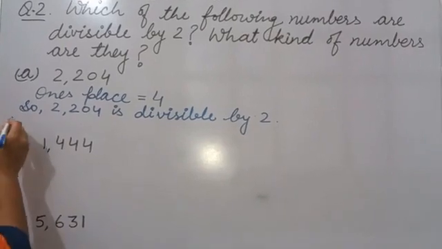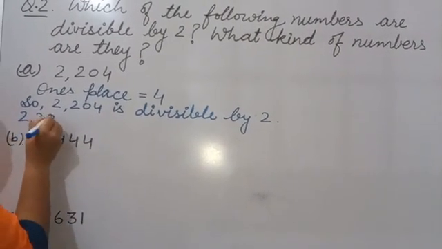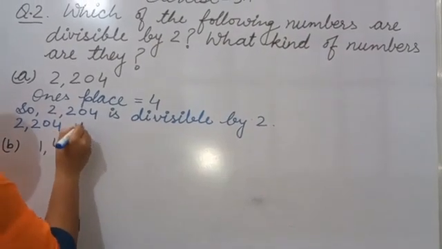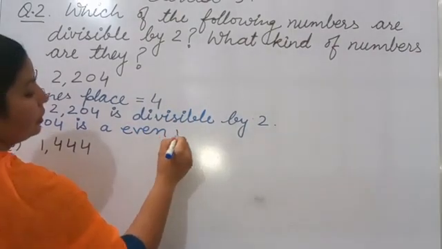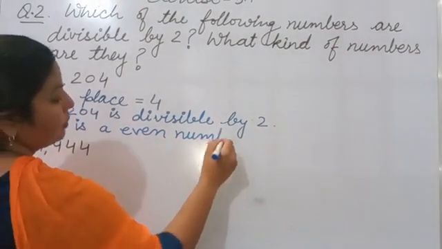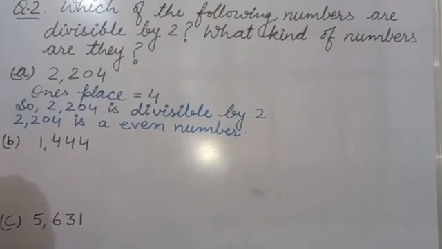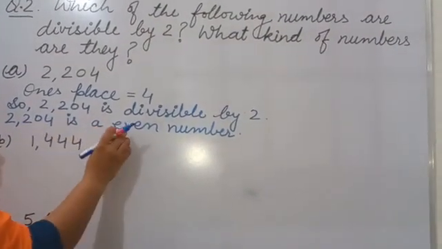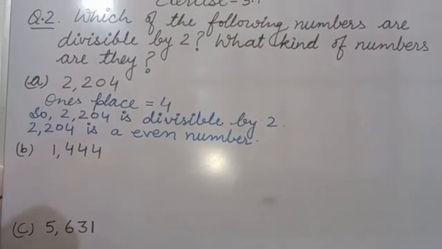So we write that 2204 is a even number, because there is asking both things, which kind of number, what kind of number. So you will tell here what kind of number is this. This is odd or even. Okay. Same way you will do the B part also.